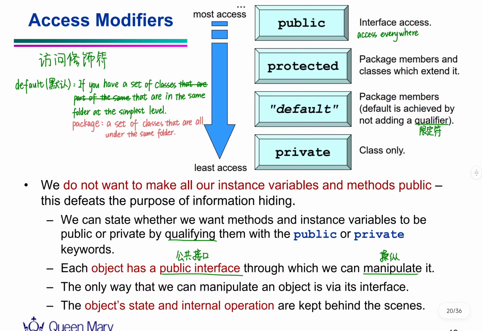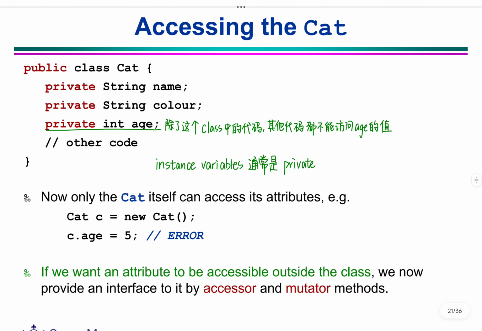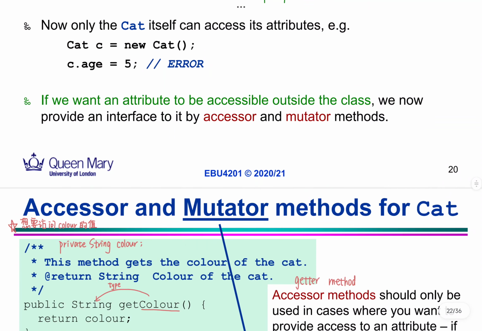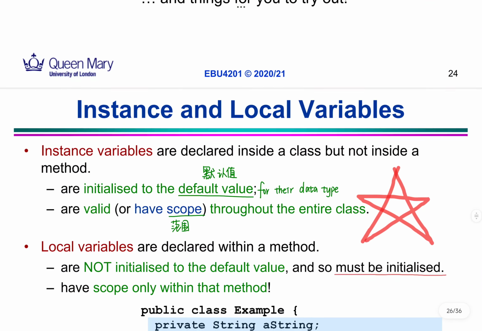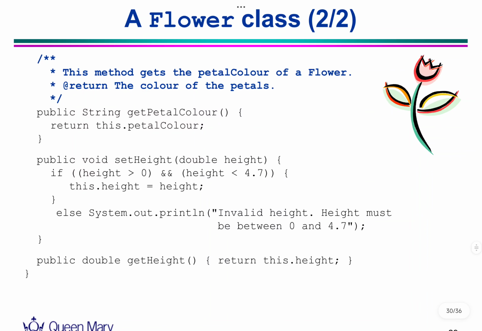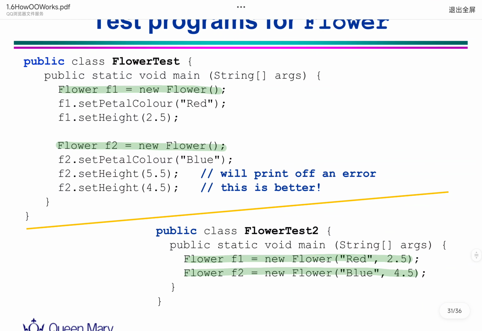I think it's about encapsulation. Accessor, I think so. The getter means access, and then there is the setter and double height.